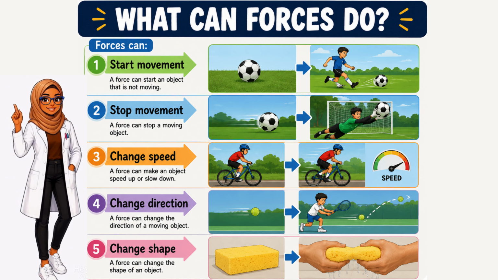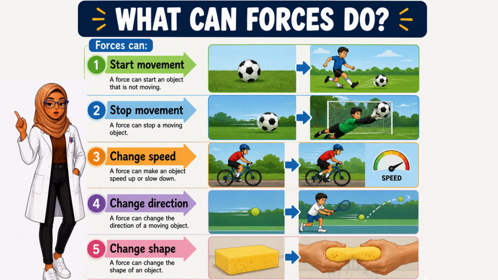For example, the tennis player hits the ball and the ball changes direction. Number 5, change shape. A force can change the shape of an object. For example, a hand squeezing the sponge and the sponge compresses.